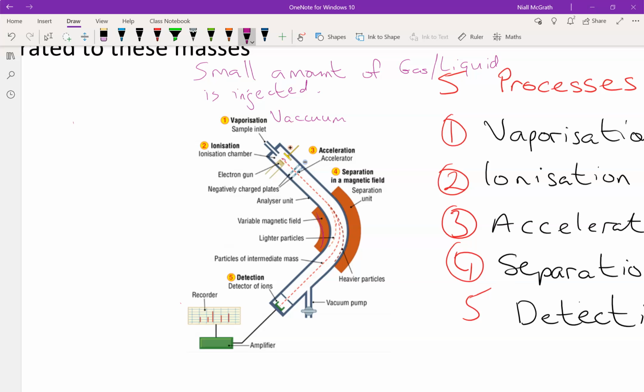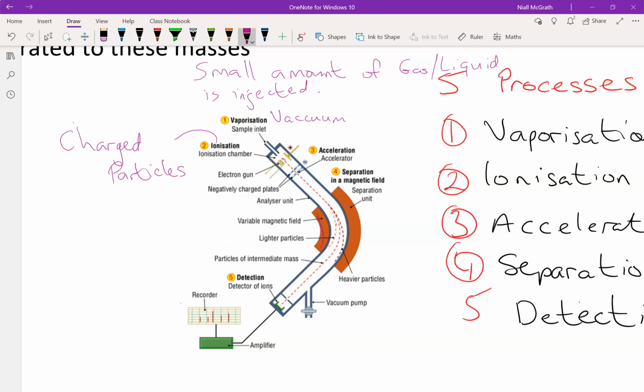Ions, we should know already, are charged particles. In this ionization, you're creating positively charged particles.